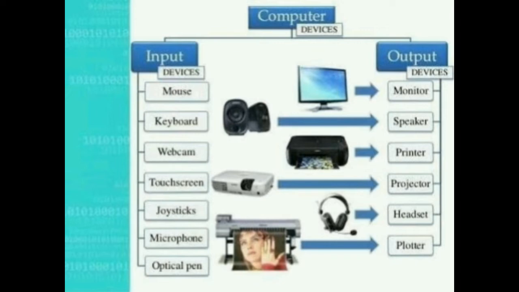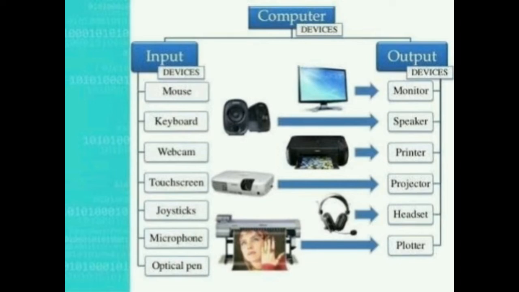Now CPU is the processing device in a computer. So which is the processing device in a computer? CPU. Now what are output devices? We get the result or information through the output devices. For example, monitor, printer, speakers, etc.